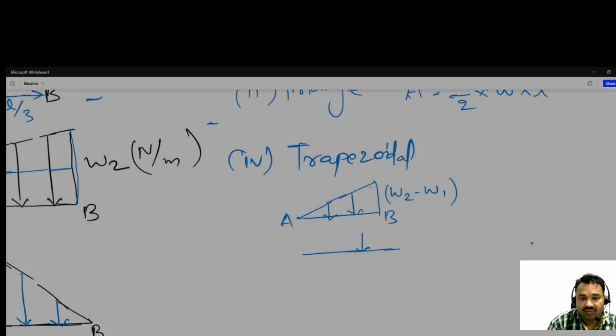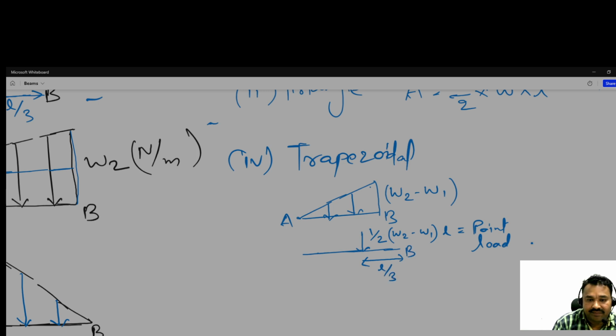It is 1 by 2, then W2 minus W1, into L. This is the point load. Okay, so it is acting from L by 3 from B.